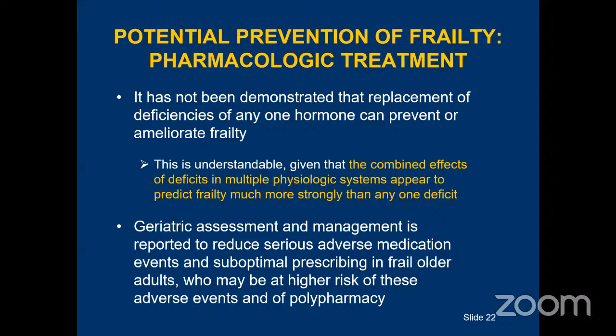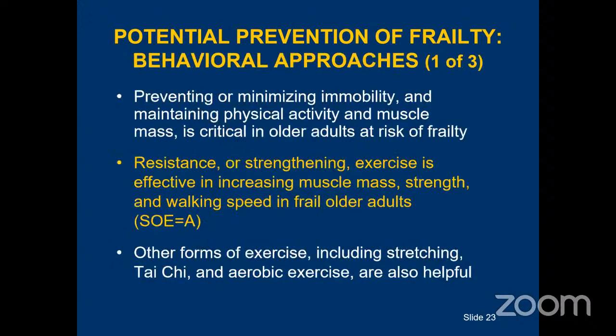So there is no pharmacological treatment for it. Geriatric assessment and management is reported to reduce serious adverse medication events and suboptimal prescribing in frail older adults who may be at higher risk of these adverse events or of polypharmacy.